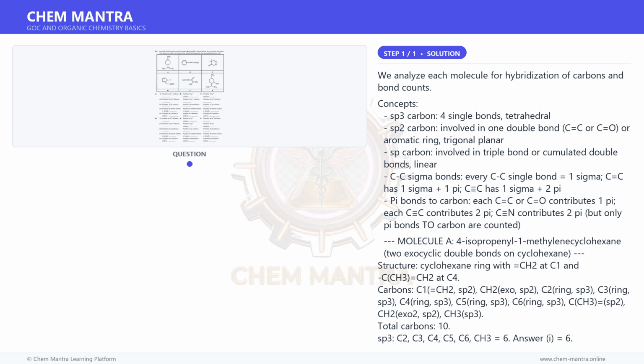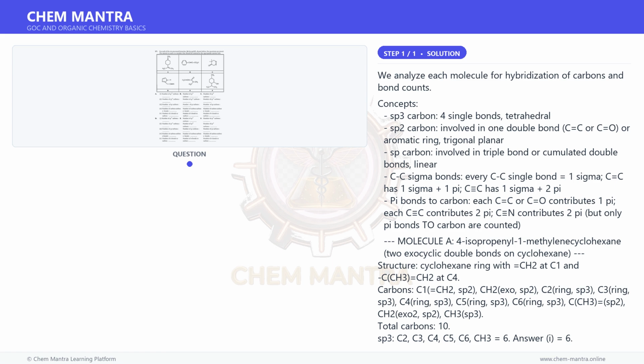Molecule A, 4-isopropylidene-1-methylenecyclohexane, 2 exocyclic double bonds on cyclohexane. Structure: cyclohexane ring with =CH2 at C1 and (CH3)2C= at C4.